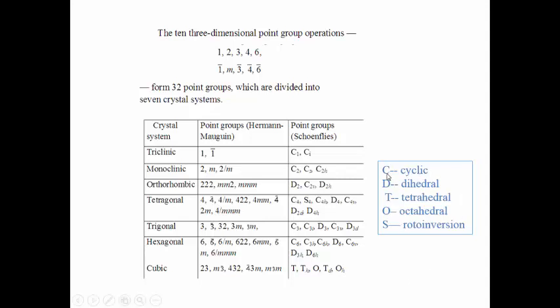The C stands for cyclic, D is dihedral, T is tetrahedral, O is octahedral, and S is rotoinversion. You'll see these in the literature, so this table will always give you a translation back to the Hermann-Mauguin. So it's a very important table, and it literally goes from one to the other. Like 3 bar m is going to be D3d.